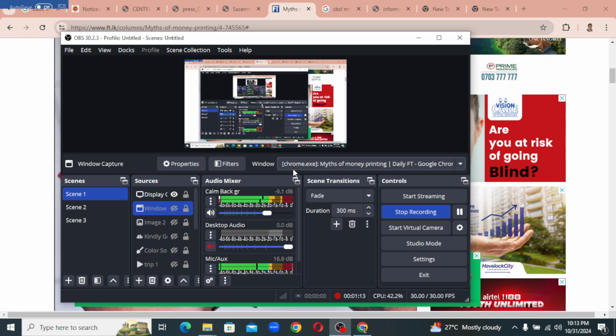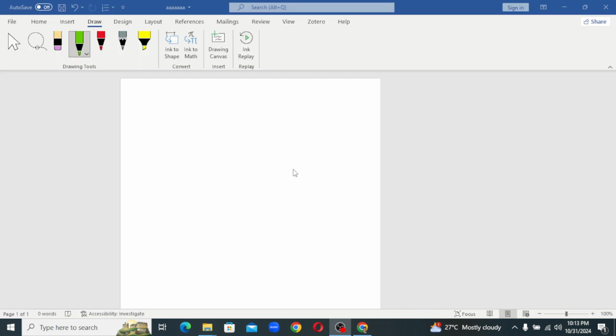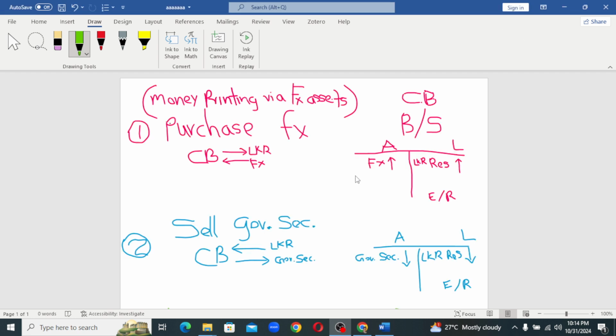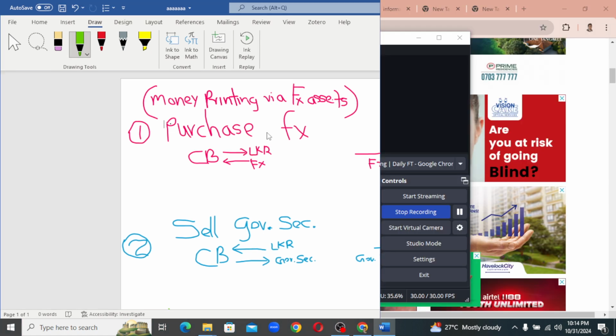First, the central bank can issue money or print money via an increase in net foreign assets. The central bank has purchased foreign exchange.